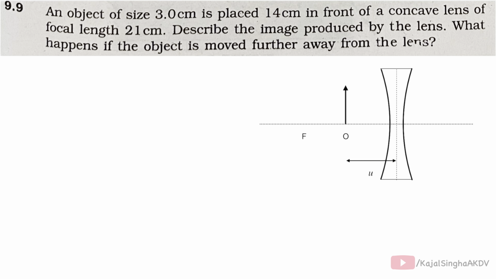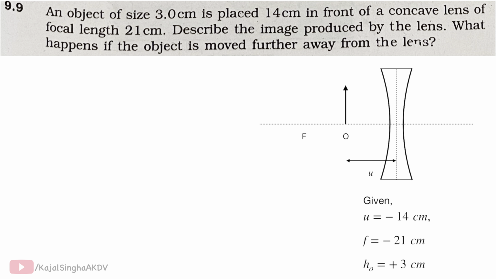An object of size 3 centimeter is placed 14 centimeter in front of a concave lens of focal length 21 centimeter. Describe the image produced by the lens. What happens if the object is moved further away from the lens? So here we are given that u equals to minus 14 centimeters since the object is placed in front of the lens, and f equals to minus 21 centimeter.